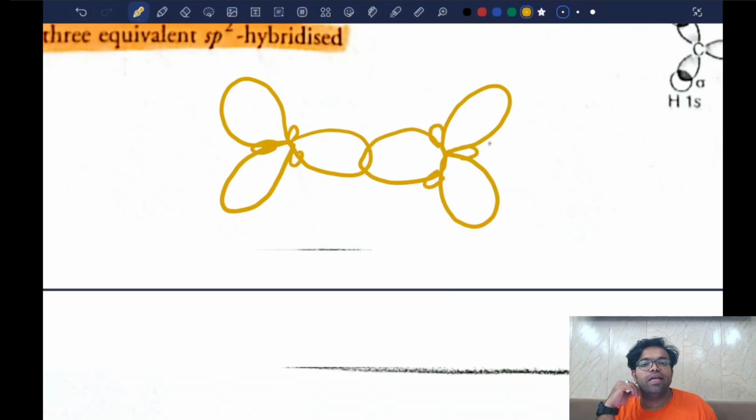These are the three sp2 hybrid orbitals of both the carbon atoms. One here, one here. Now, what is going to happen? It is going to form a head-on overlap here.